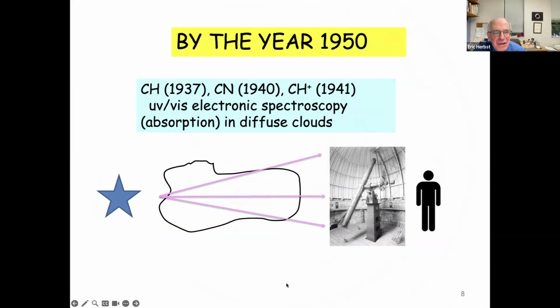And in the diffuse clouds, light could go through and we can see them in absorption. So these molecules are seen at special frequencies: CH, CN, and CH plus. Very strange. You can't find them in stable form on the Earth. And here is the telescope that was used.